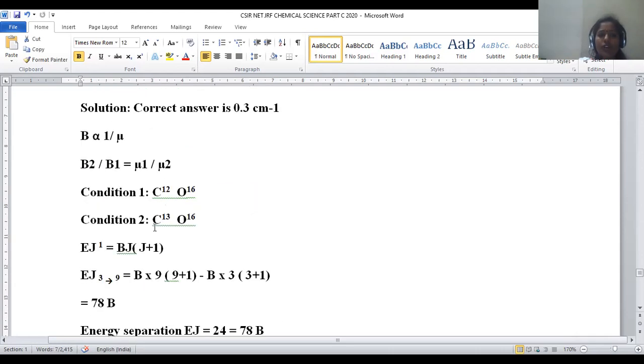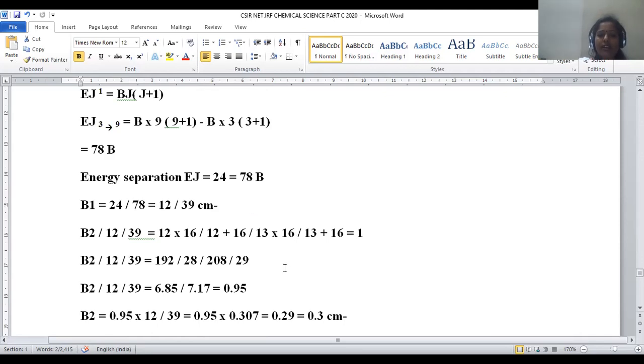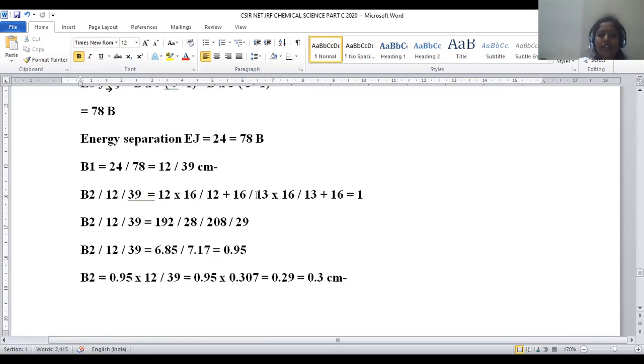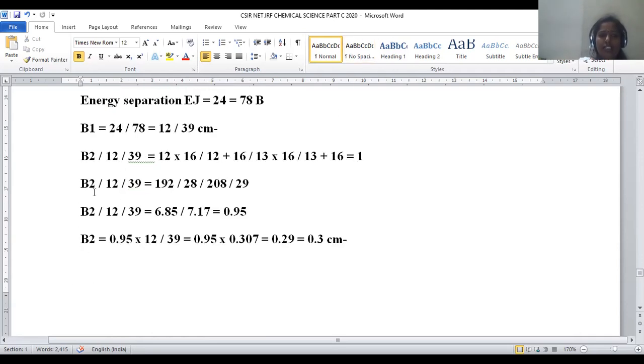In condition 2, C13 and oxygen 16 are provided, the isotopic carbon, so it is 13 into 16 by 13 plus 16. So we have 12 into 16 by 12 plus 16, divided by 13 into 16 by 13 plus 16. Then let us do the calculation.